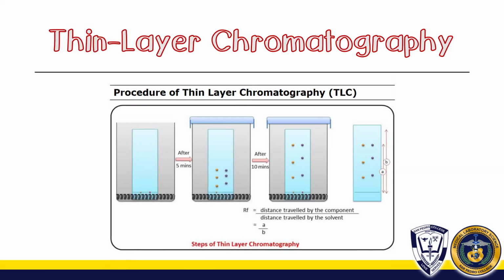Now, ma'am, it looks like paper chromatography. Actually, it is almost the same as paper chromatography, but instead of paper, we use a thin layer of sorbent, where we place silica gel and the like. The same principle applies. You can see the formula for the retention factor from earlier, and the mobile phase.